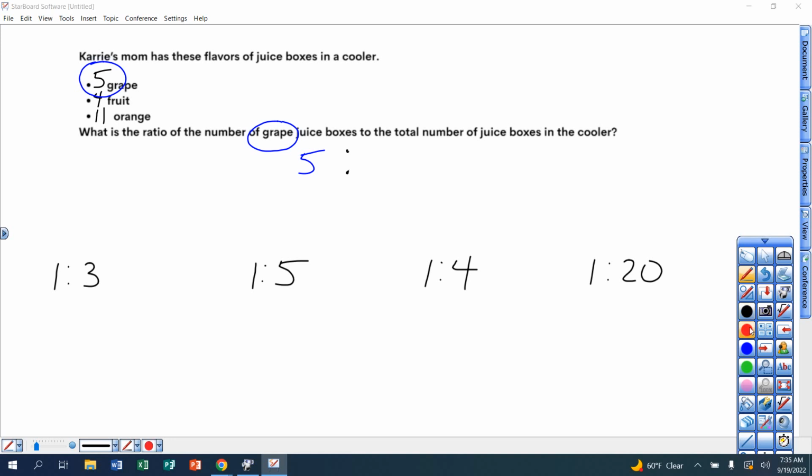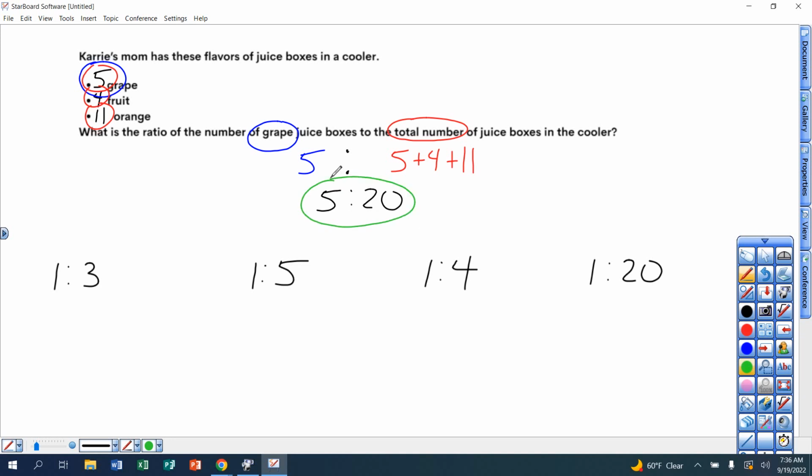To total number. So total number, I need to add up all 3 of these to get my total number. So I got my 5 plus that 4 plus that 11 gives me the final ratio of 5 to 20. The problem is the answers they give me do not have 5 to 20 down there at the bottom.